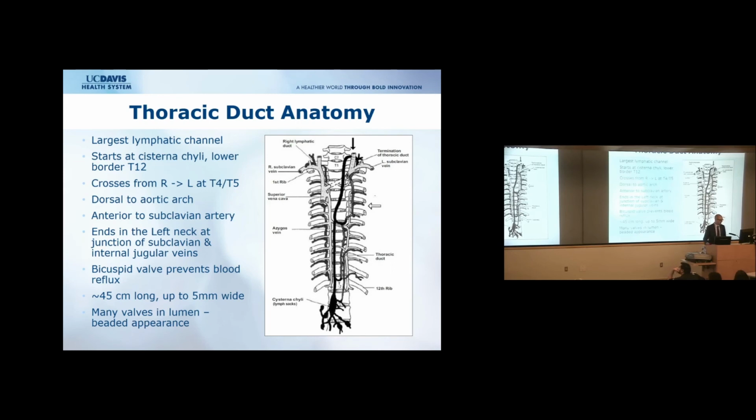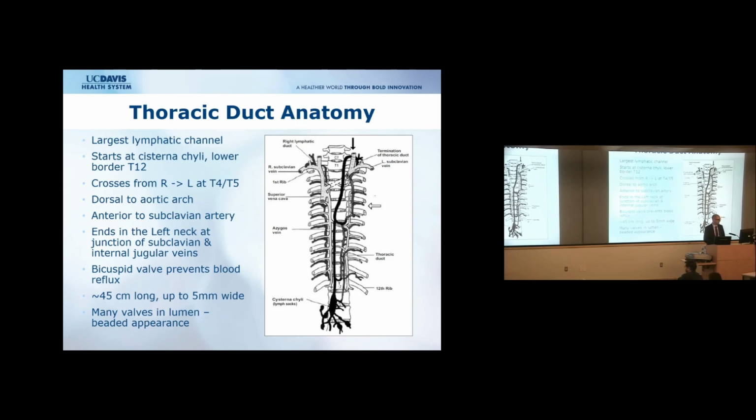It reaches up into the neck, which is important for us in thoracic surgery when we do cervical anastomosis for esophagectomy. Other services such as ENT and spine may also run into this structure during neck dissections.